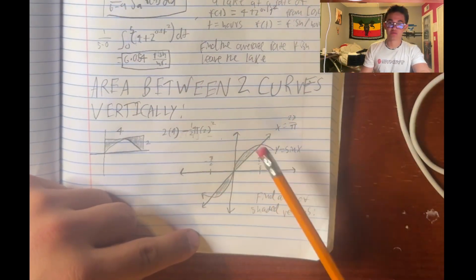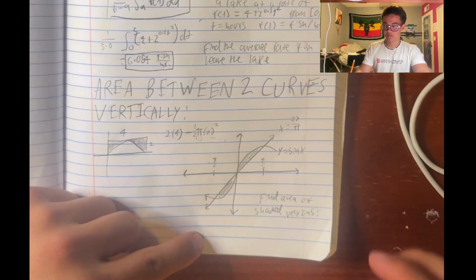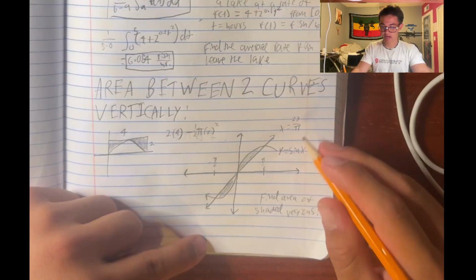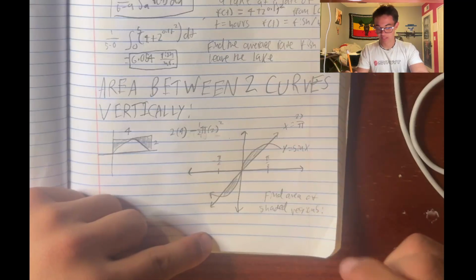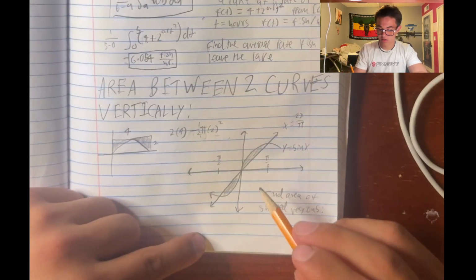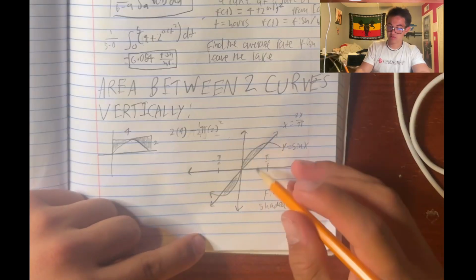For example, we got this one right here. We've got y equals 2x over pi and y equals sine x. We're going to find the area of the shaded regions. We can do this part up here really easy.